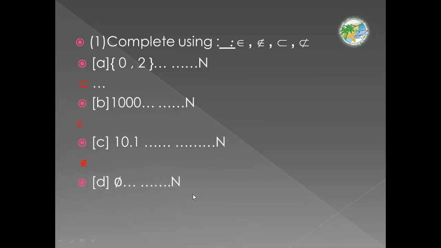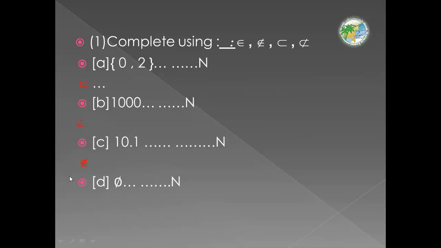Phi and natural number. We studied this in the last term: phi is a subset of any set. Ask yourself, is phi a number or a set? A set or an element? We can write phi as the null set.